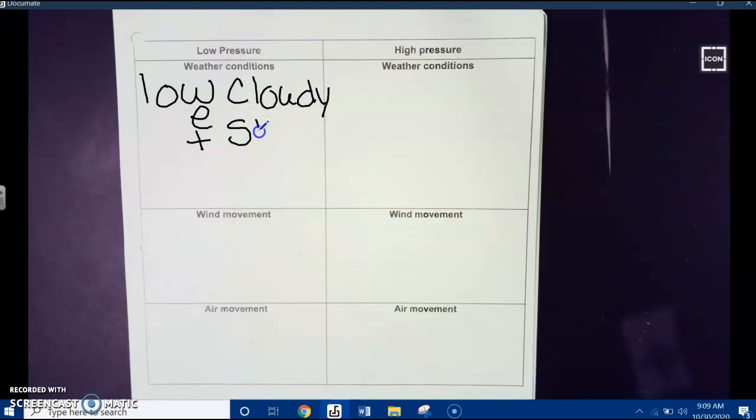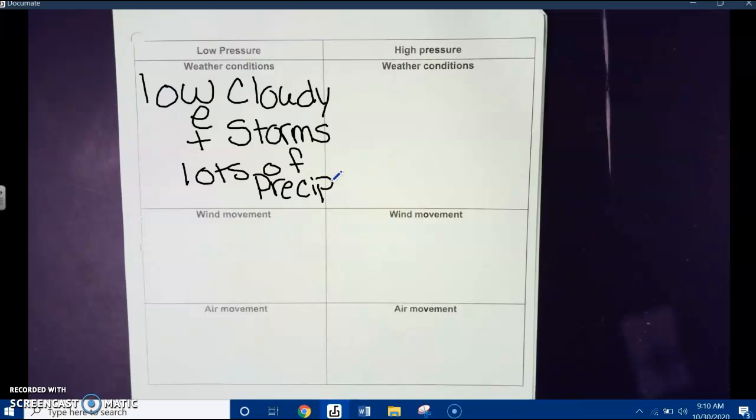There are storms, and lots of precip. So typically our low pressure systems are wet, cloudy, storms, lots of precip. And that's because the air is rising at this point.